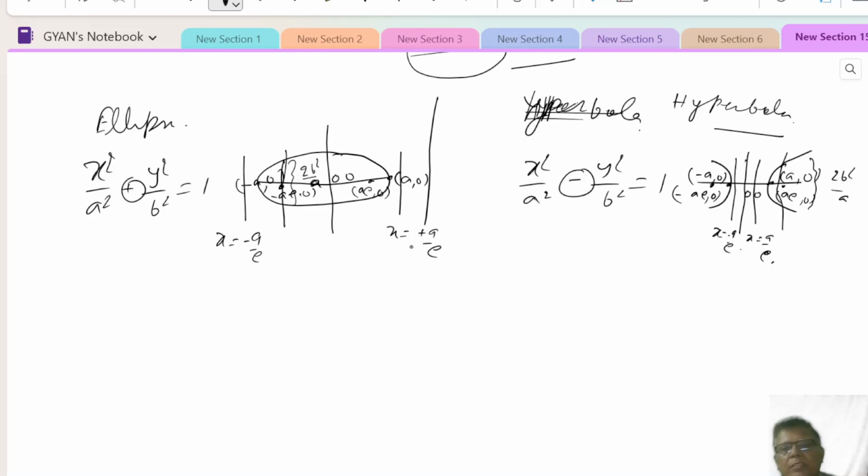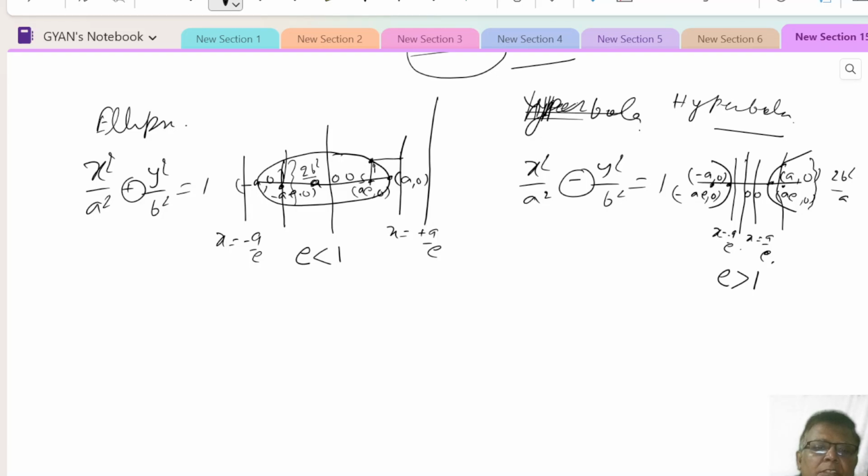But then if everything is the same, why is the shape like this? The main catch is here. For the ellipse, e should be less than 1. Here e should be greater than 1. So what is e? Take any point, suppose this point. Then from the focus, take this distance and this distance.